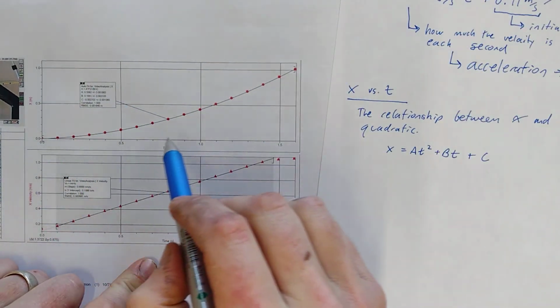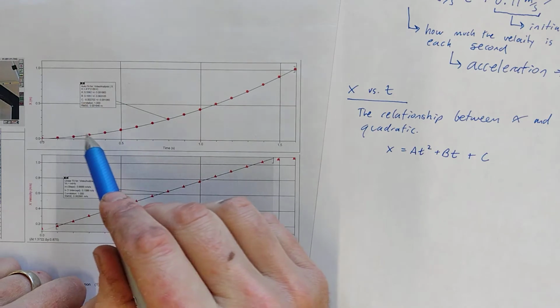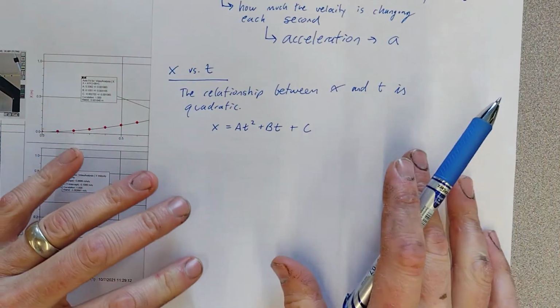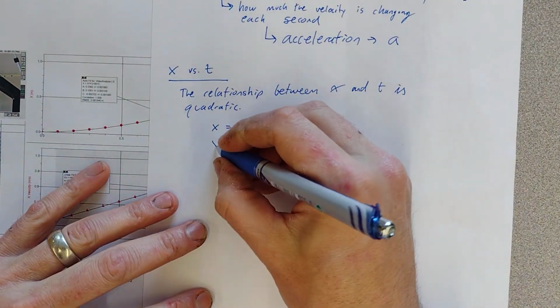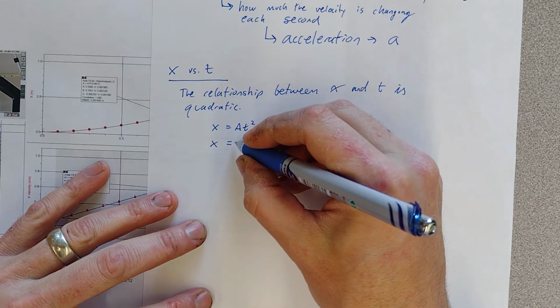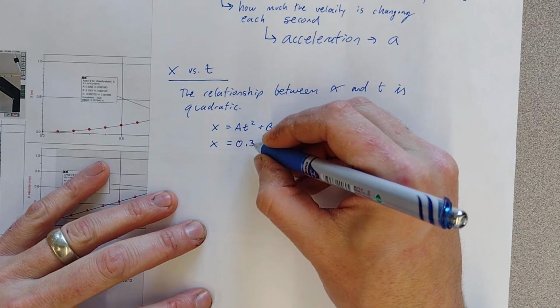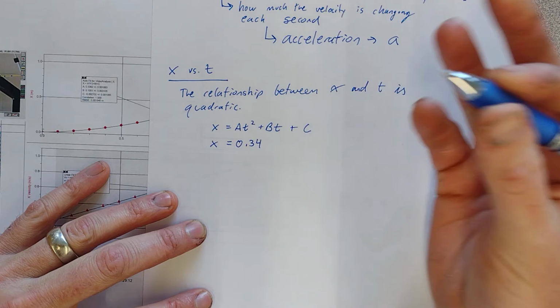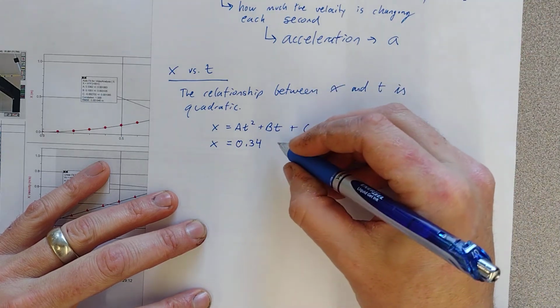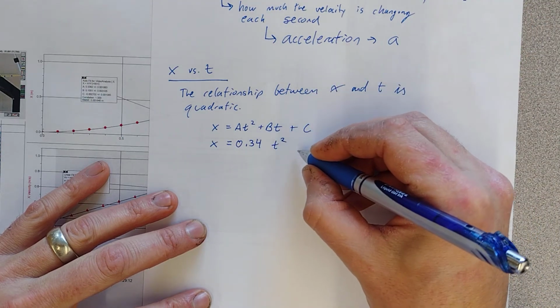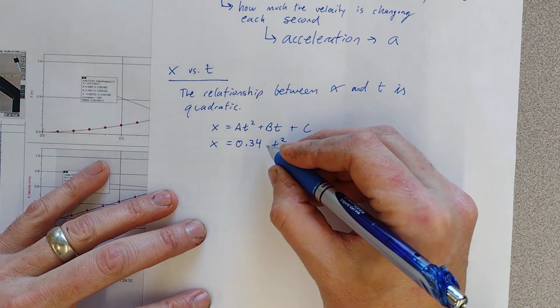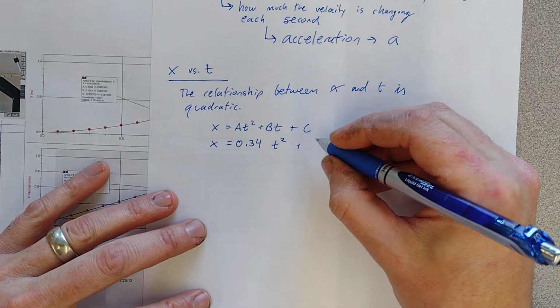We see this nice, this is called the top opening parabola. It's a curved relationship. I'm going to put the numbers in. X equals 0.34 or 0.336. I'm just going to do 0.34 times t squared. Now, I'm leaving a little space there because the units are going to go in there.